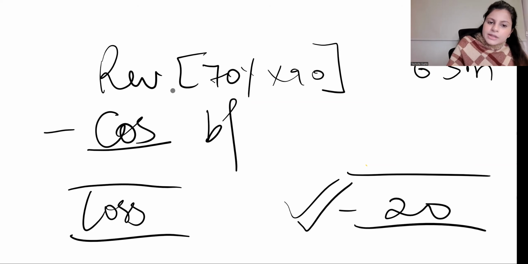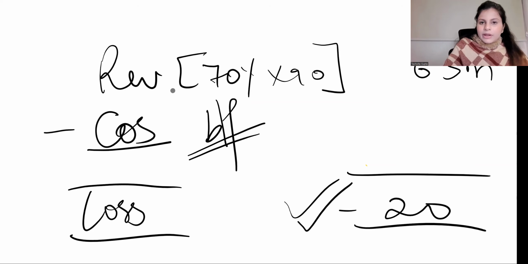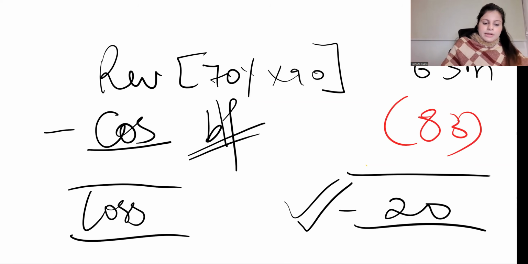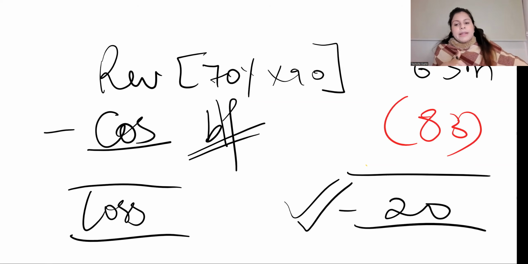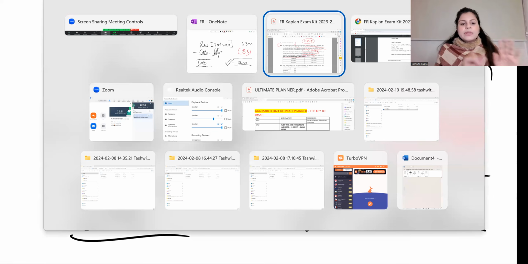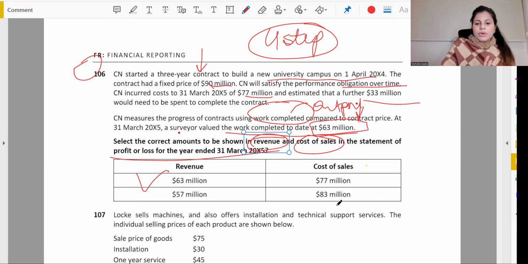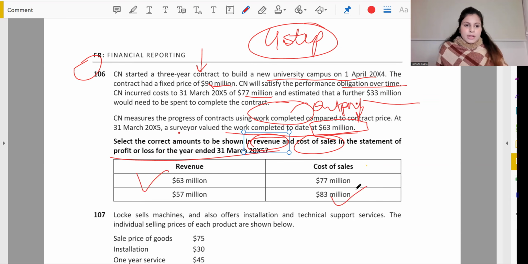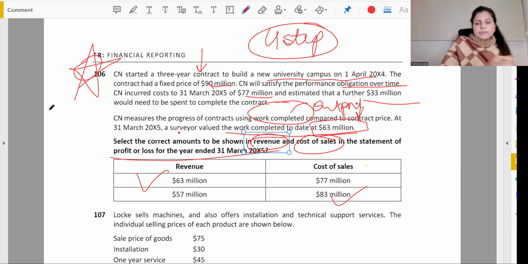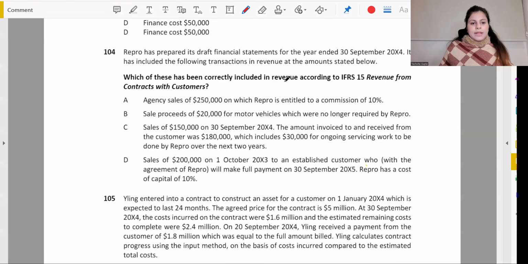So how much cost of sales should you report? Balancing figure. What's your balancing figure? 83. 63 minus 83 is minus 20. So this 83 is the cost of sales that I need to report. So this is a tricky question where there was overall loss. So what's my answer? Revenue 63, cost of sales 83. Important, star. Next. Let's move on.